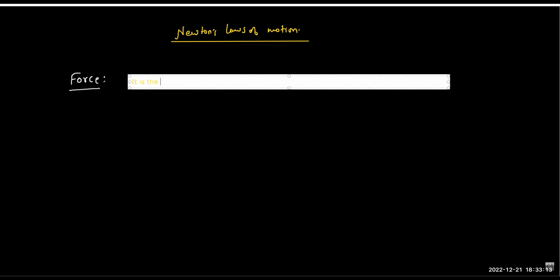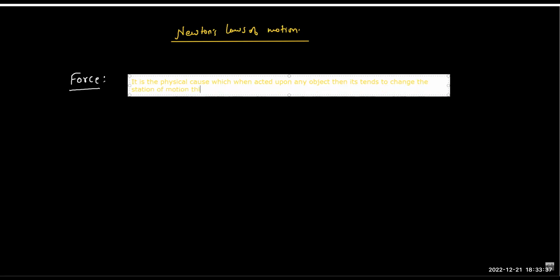It is the physical cause which, when acted upon any object, then it tends to change the state of motion of the object, or it may tend to change the shape, size, or dimension of the object.